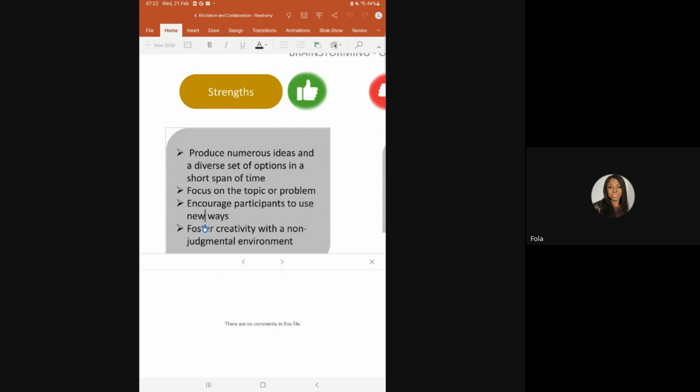Focus on the topic or problem. Encourage participants to use new ways and foster creativity with a non-judgmental environment. Have you heard of this word, creative thinking? Yes. Suppose I give you an environment where you have to think about the same subject, you will come up with multiple ideas. Suppose we have blue items in a room.